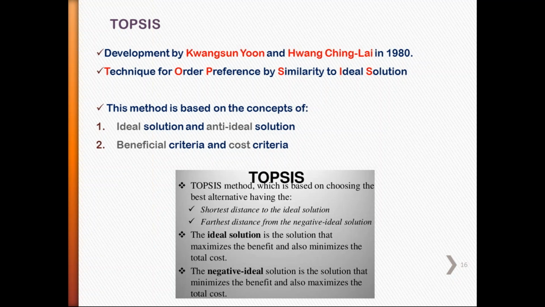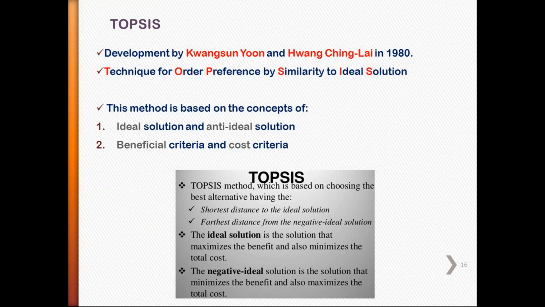For example, for alternative 1, you measure the distance between alternative 1 and the ideal solution. Again, you measure the distance between alternative 1 and the anti-ideal solution. So corresponding to an individual alternative, you have to compute two distance measures.